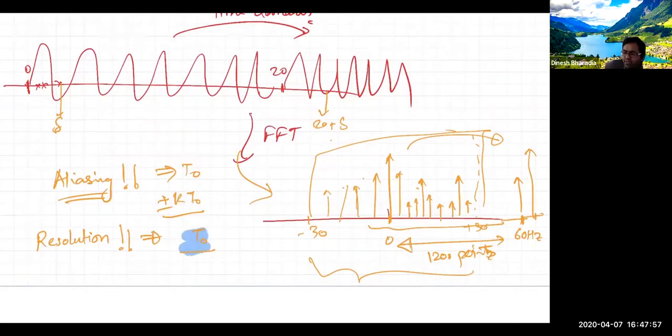Sorry. Let's start from a simple observation. Let's bring down the example: it's 60 hertz observed at 1200 samples, correct? The total frequency axis was 60 hertz, and I have a 1200 point division, so I get 0.05 hertz.